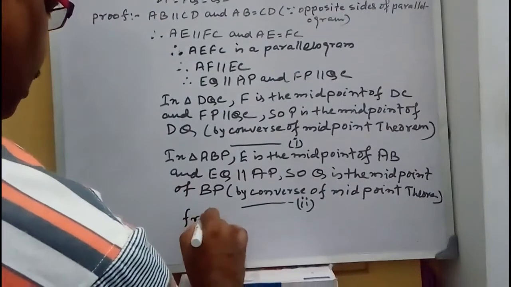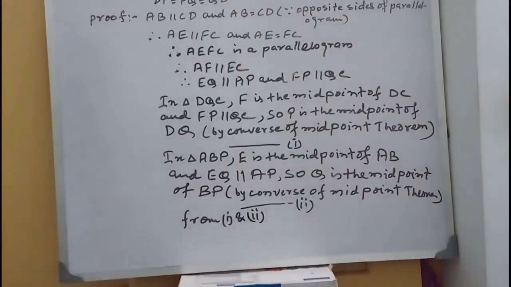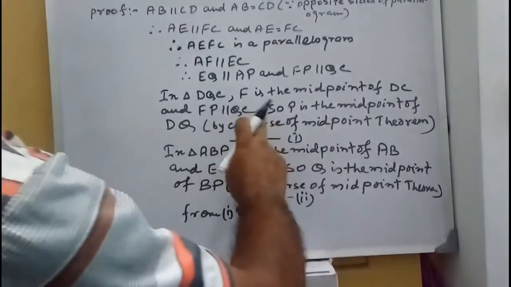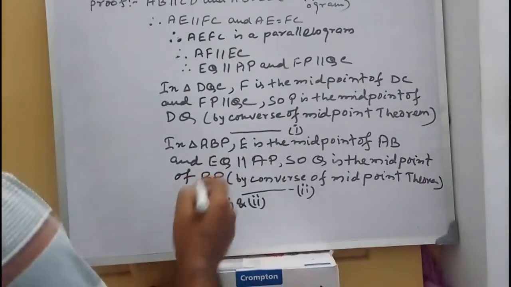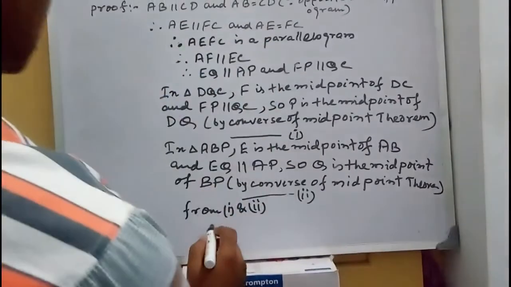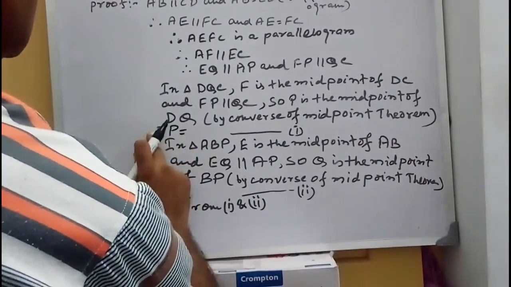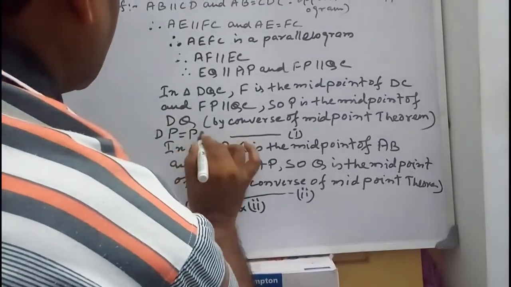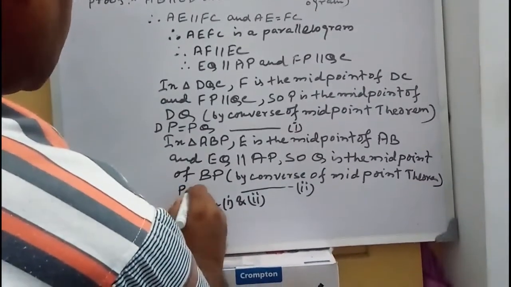So from this, P is the midpoint of DQ. So here DP is equal to PQ, and PQ is equal to QB.